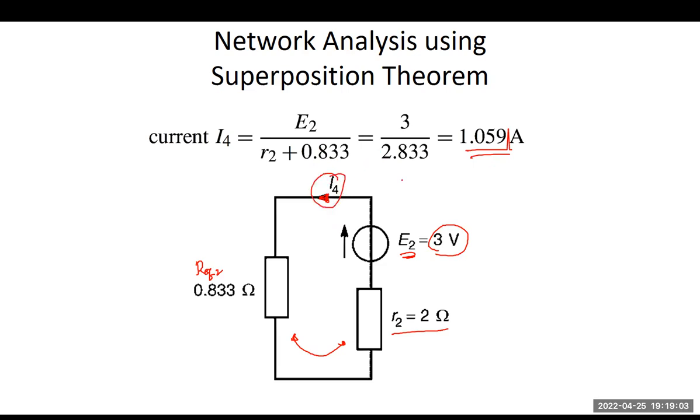So that is 3 over the sum of 2 and 0.833, and that gives us 2.833, and 3 over 2.833 is 1.059 amperes.